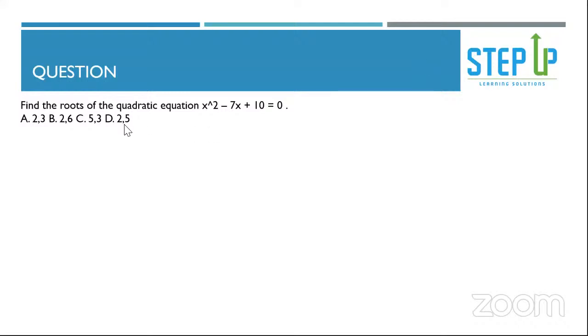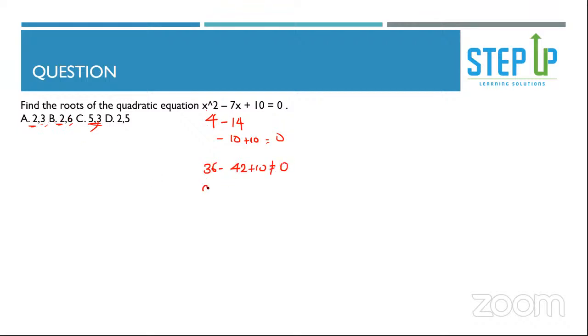Yes, the answer is 2, 5. Better to substitute the options. If I take 2, 2 squared is 4, minus 7 into 2 is 14, 14 minus 4 is minus 10, minus 10 plus 10 equals 0. So 2 is working. So this cannot be my answer. I need to check 6, 3 or 5. If I check 6 squared, 36 minus 7 into 6, 42, plus 10 is not equal to 0.